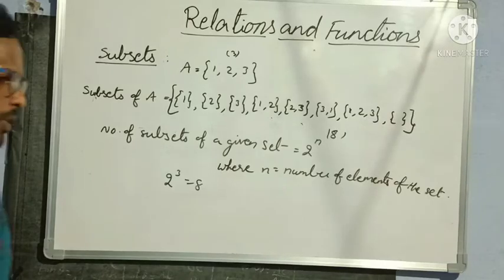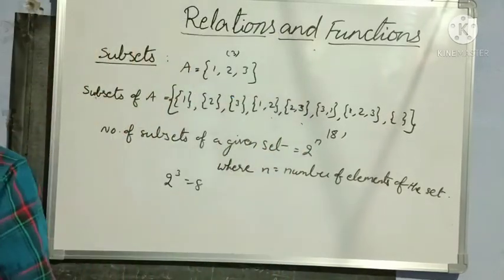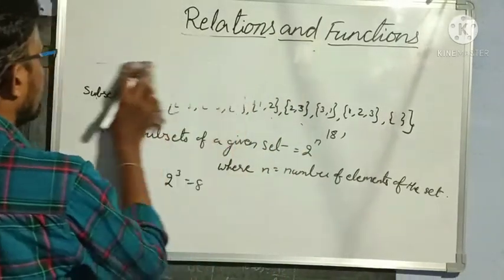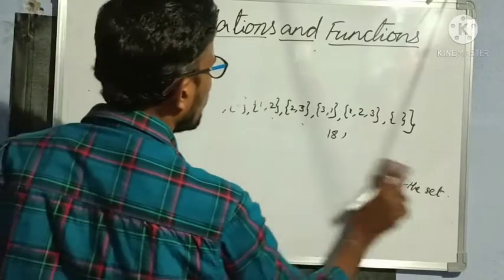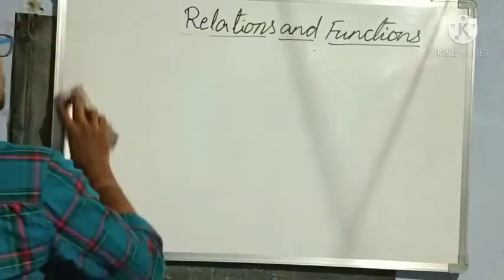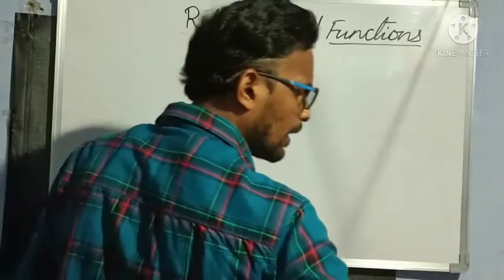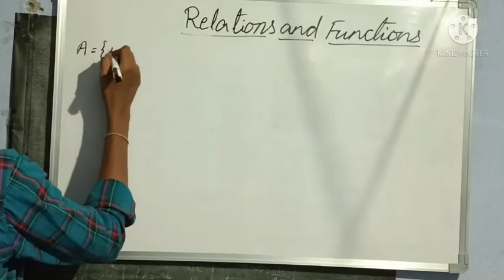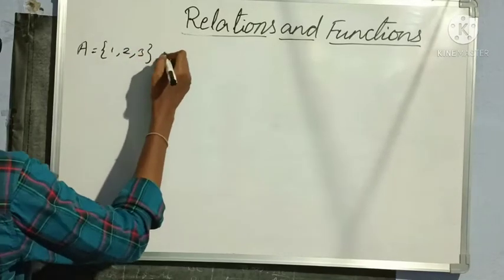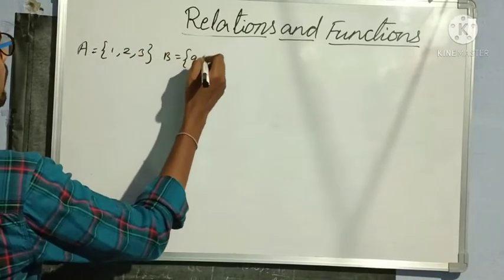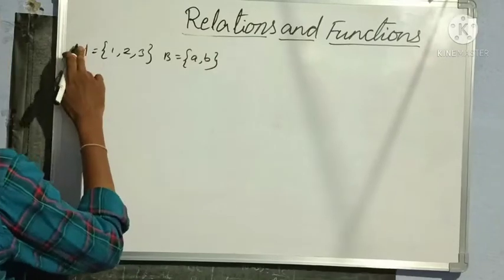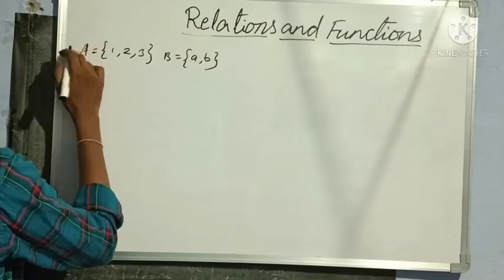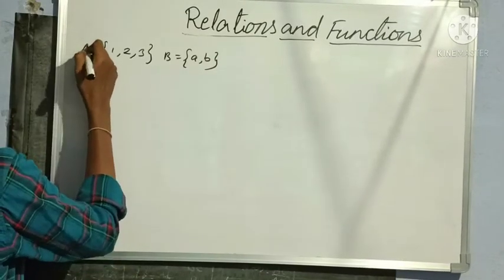So now let us write subsets of a cross product. Then we can understand what is a relation. Okay, first let us take the same previous example. A is equal to {1, 2, 3} and B is equal to {a, b}. So these are the elements of A and B. Now I want the cross product.